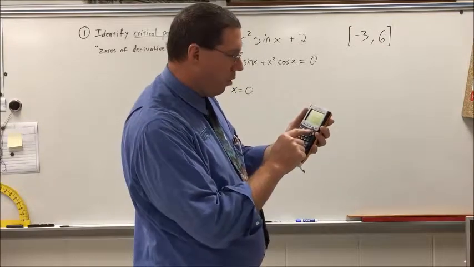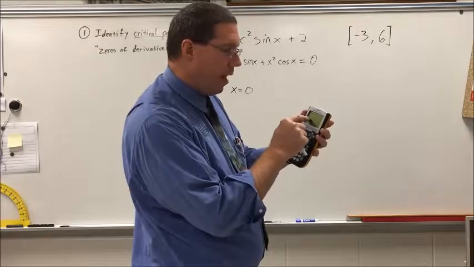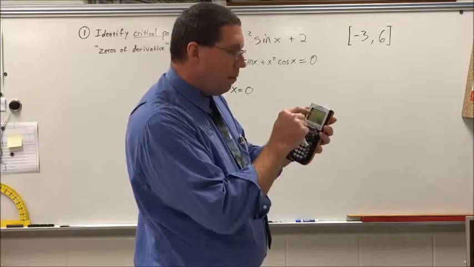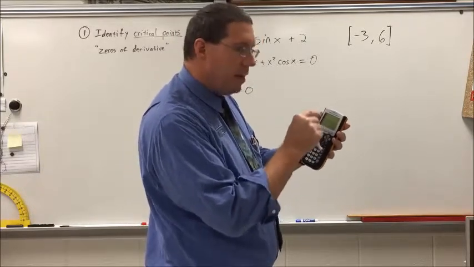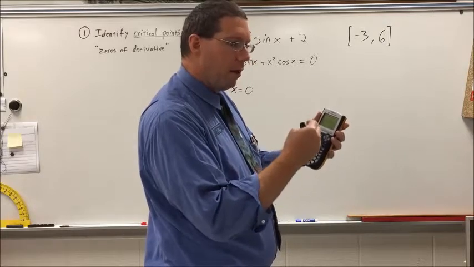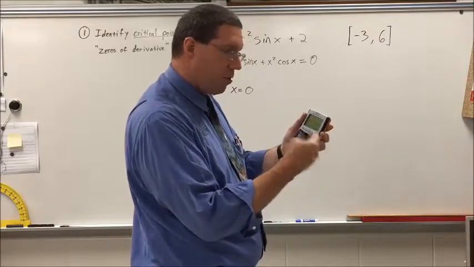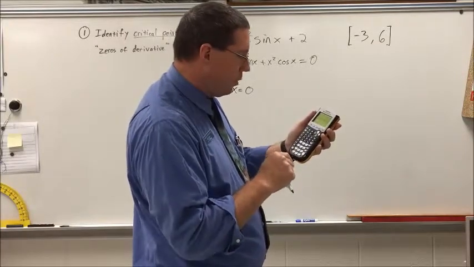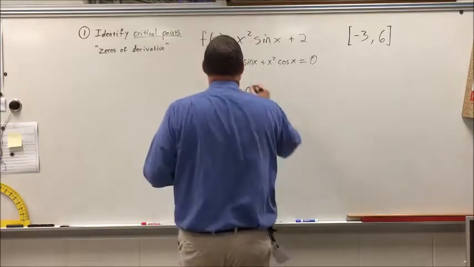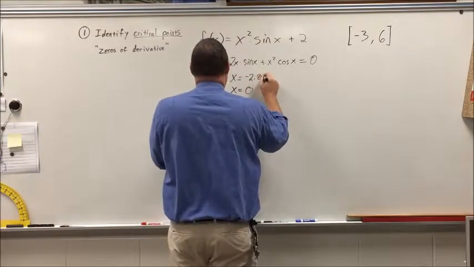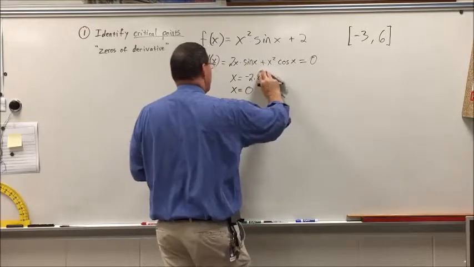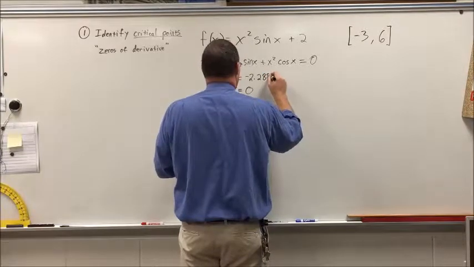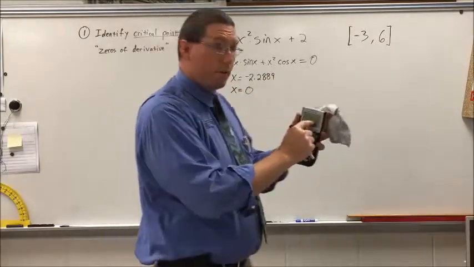I can move the cursor on the graph near the x-intercept, near where the graph crosses the x-axis, press enter, and it says I have a 0 at -2.2889. So I'm going to write that up here. X equals -2.2889.